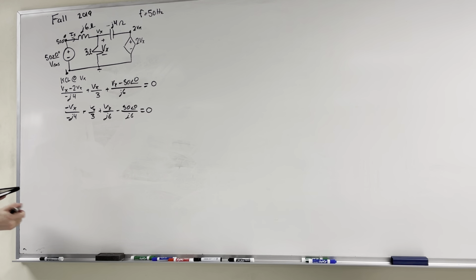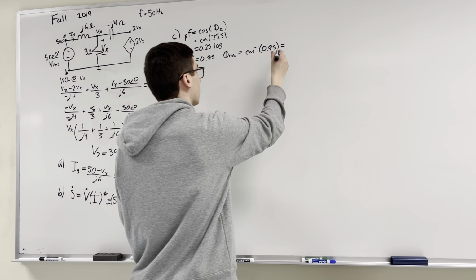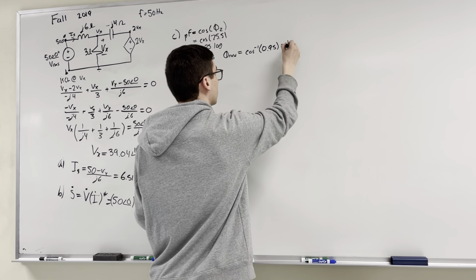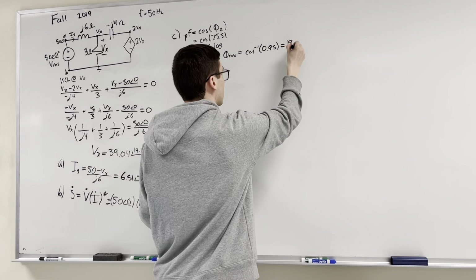In order to get our theta new, it's simply equal to cosine inverse of 0.95, and this is equal to 18.15 degrees. And our theta old is equal to 75.5.